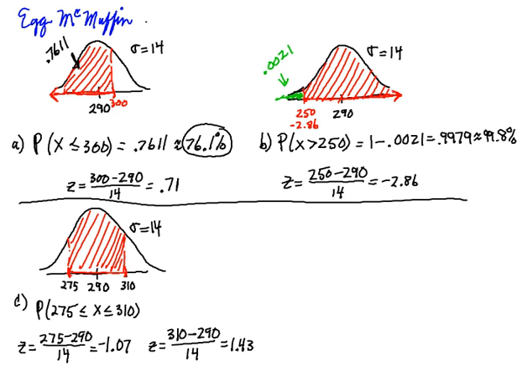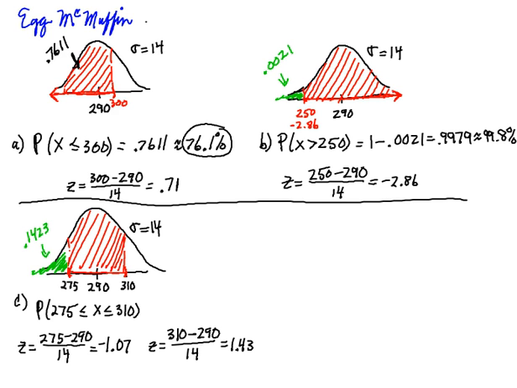And that is going to give me 0.1423. So from the table, the area to the left of the 275 is 0.1423. And if I look up 1.43 for the 310, that's a positive.